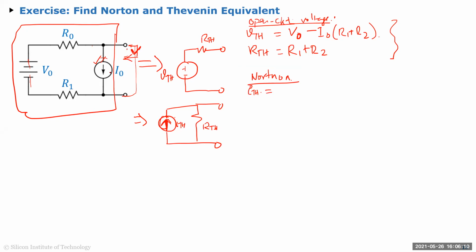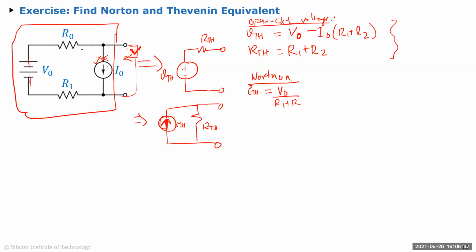You can apply superposition. So if you apply superposition, you can see that when I disconnect this, then the current is in this direction, which is V naught divided by R1 plus R0. Then you short this and apply the I naught and then measure it.